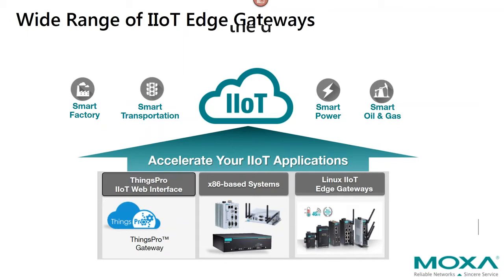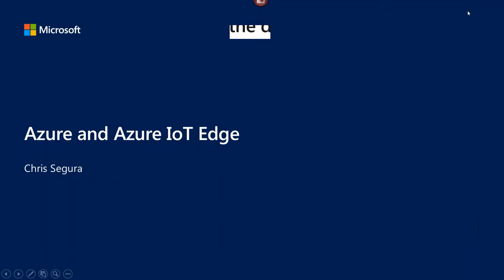Regardless, we've got a wide range of industrial IoT Edge gateways, many of them coming pre-installed with Azure IoT Edge over time. And with this new support for Azure and Azure IoT Edge, let's look forward at the new additional applications you can solve and start to address. And so with that, Chris, I'd like to have you share some of your approaches for machine learning with Azure and Azure IoT Edge.